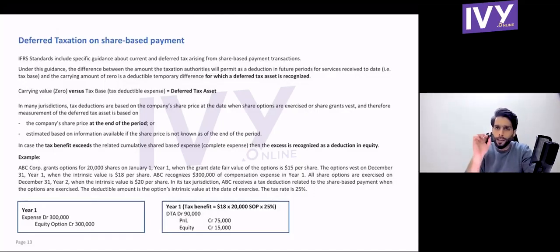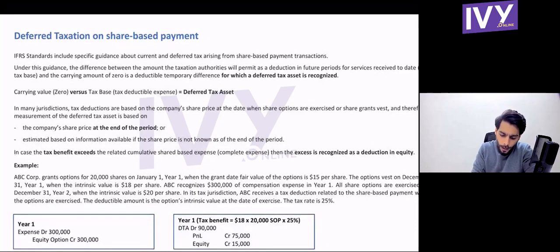So just to give you a very brief recap, how did we use to calculate deferred tax? Basically, deferred taxation arises due to differences between accounting principles and tax principles. What we used to do was compare carrying values with our tax base, and as a result, we used to get temporary differences.